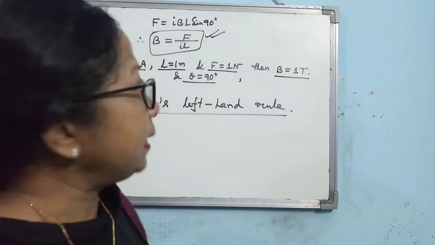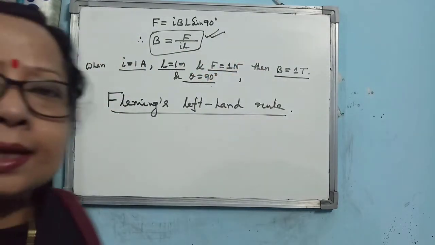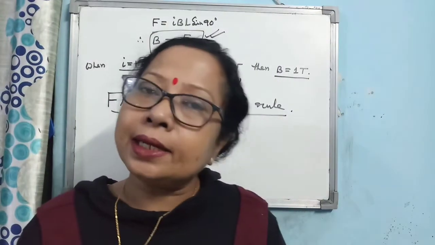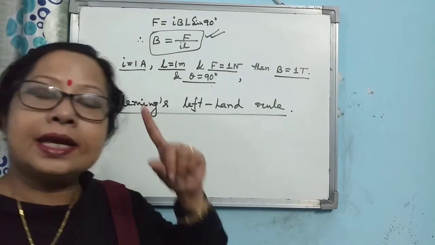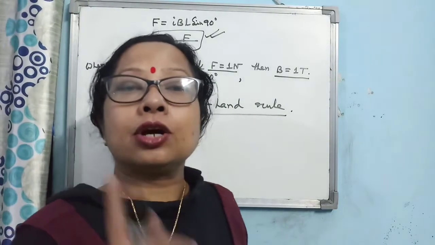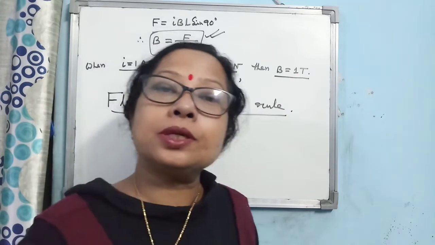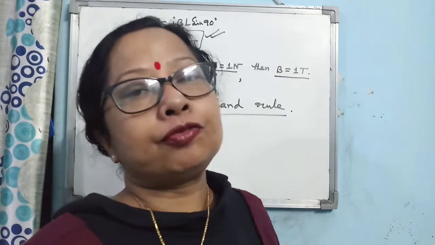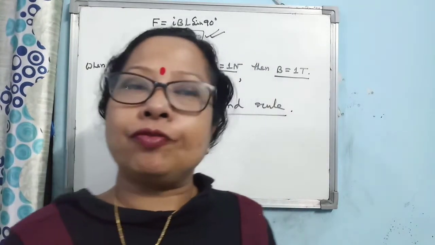The formula F equals ILB sin theta gives you the magnitude of the force, whereas Fleming's left hand rule gives you the direction of the force experienced by a current carrying conductor placed in a magnetic field.